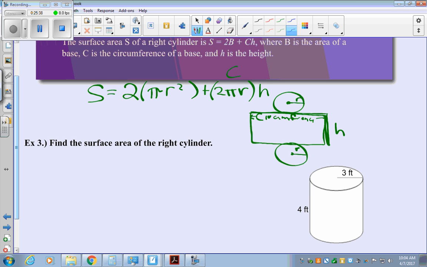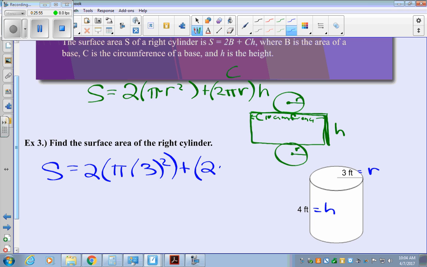So we're going to use the radius of 3 and a height of 4. We're going to plug it into this surface area formula. Pi times 3 squared plus 2 times pi times 3 times the height of 4. Okay, we do our exponents first because it's order of operations. 2 times pi times 9. 2 times 3 is 6. 6 times 4 is 24.